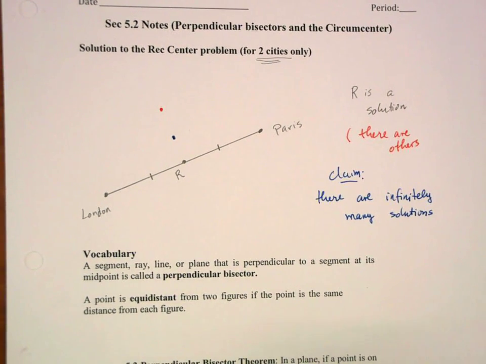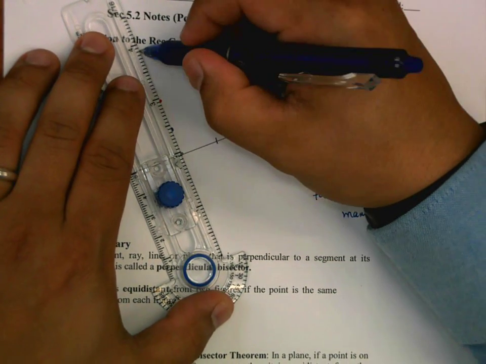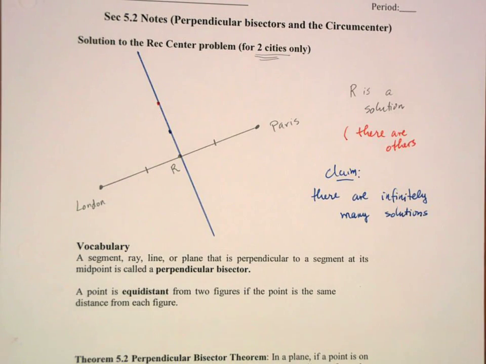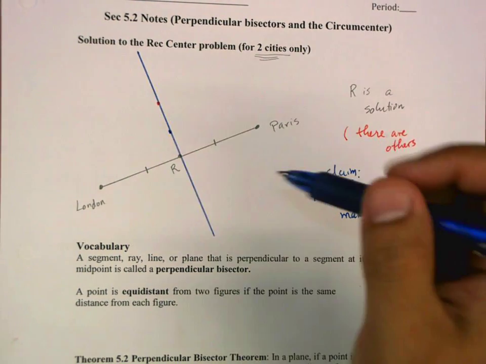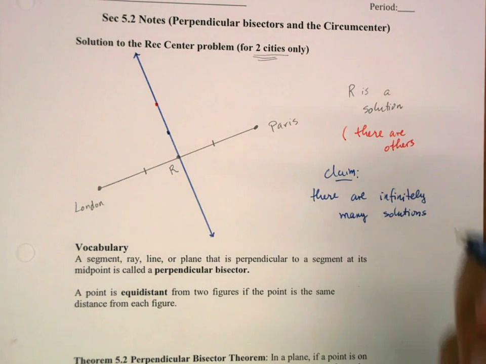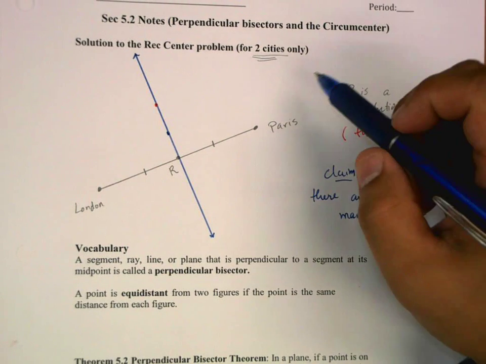And all of the solutions lie on this line right here. So all of the solutions are on this blue line. So there it is, the answer to the rec center problem for two cities.